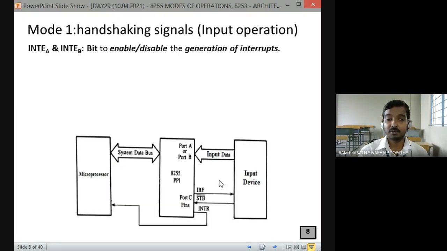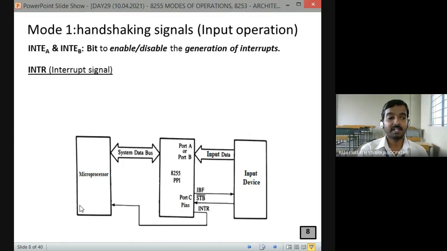One more thing we have to consider. We have two flip-flops in 8255, the INT-A flip-flop and the INT-B flip-flop, INT-E-A and INT-E-B. Interrupt enable flip-flops we also have in 8255. That means, when the input device gives data, whether I can interrupt the microprocessor after receiving it or not, to enable or disable that, we have flip-flops. Only if I have enabled this flip-flop will the interrupt be generated.